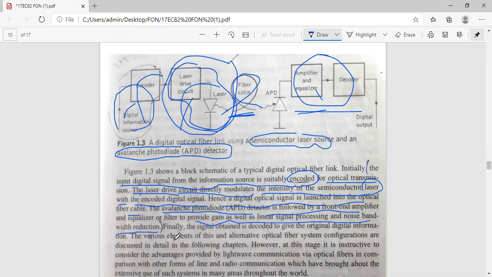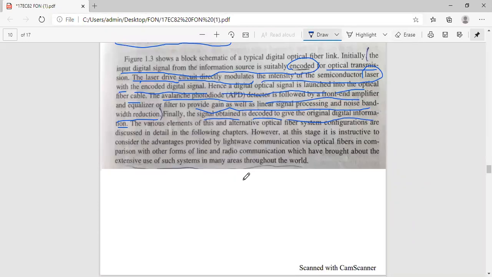Equalizer is used for noise bandwidth reduction and filtering. Finally, the signal obtained after the amplifier stage is decoded at the receiver side, having been encoded at the transmitter side, to get the original information. Fine. So this is one example of optical fiber communication given.